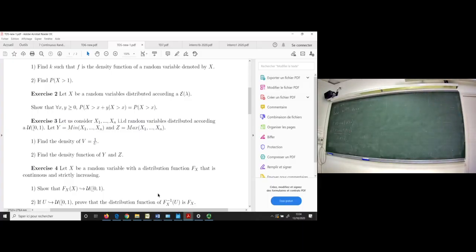What happens for the numerator here? X and Y are positive, so what can I say about this intersection?